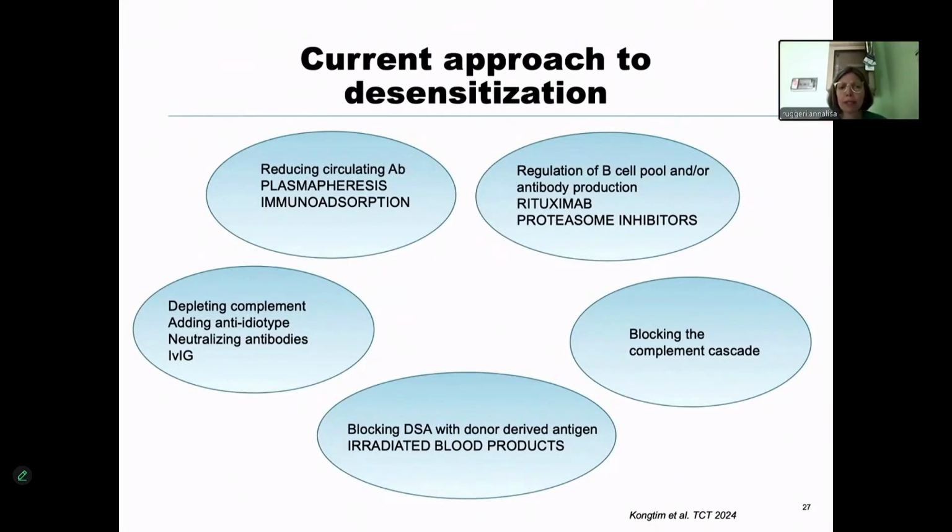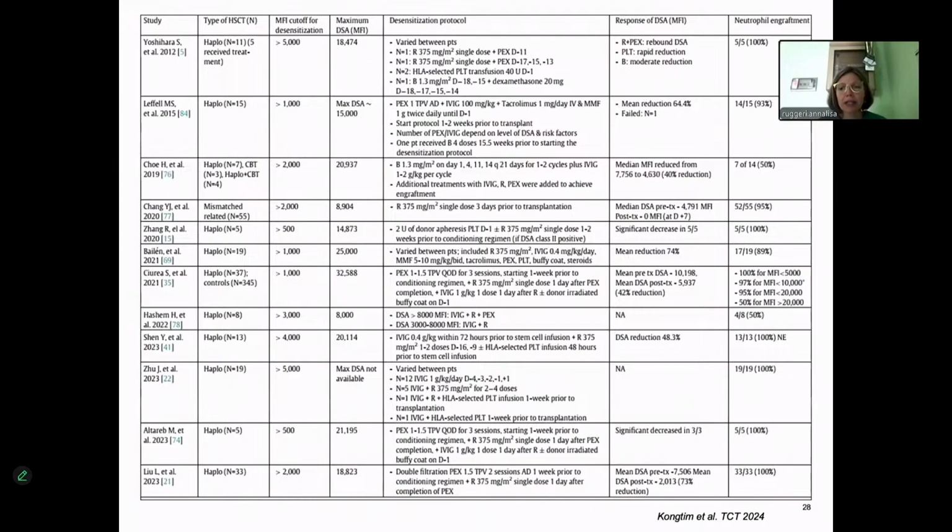As well, the depleting of the content, also using the IgIV in high dose. So here again I recommend to refer to the recent publication on TCT, which I mentioned, to find all the different indications for the references.